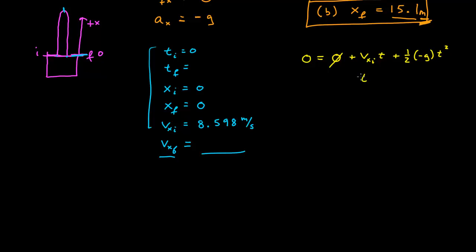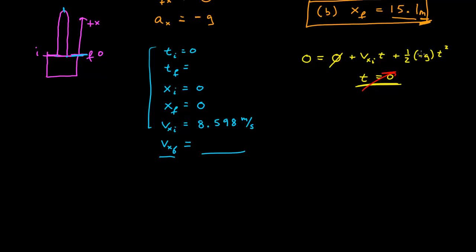The first solution I identify right away is t is equal to 0. If t is equal to 0, this equation is satisfied. But the answer is not satisfactory. Again, I know from logic that it can't instantaneously travel the entire trajectory. So while this is a proper mathematical solution, it is not a proper physics solution to the problem.